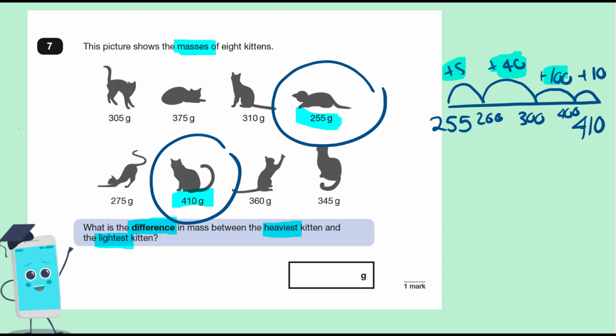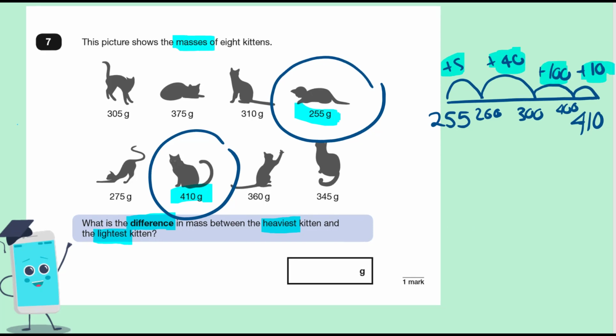Now, if I add up my jumps, I'm going to be adding up 100, 40, 10 and 5. 0, 0, 0 and 5 is 5. 0, 4 and 1 is 5. And 1 is 5. So my answer is 155 grams.